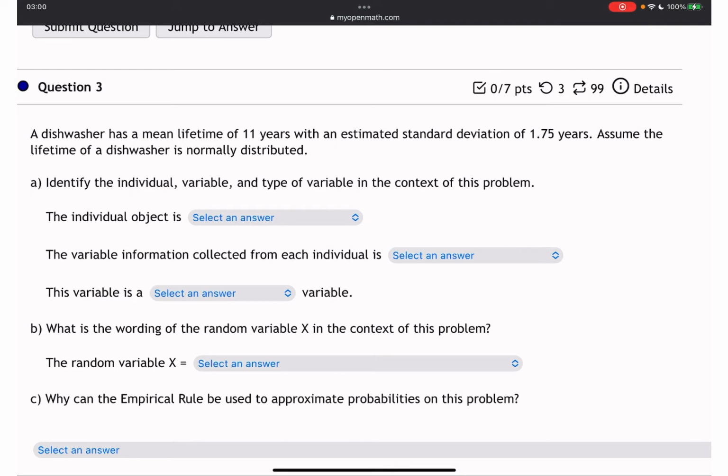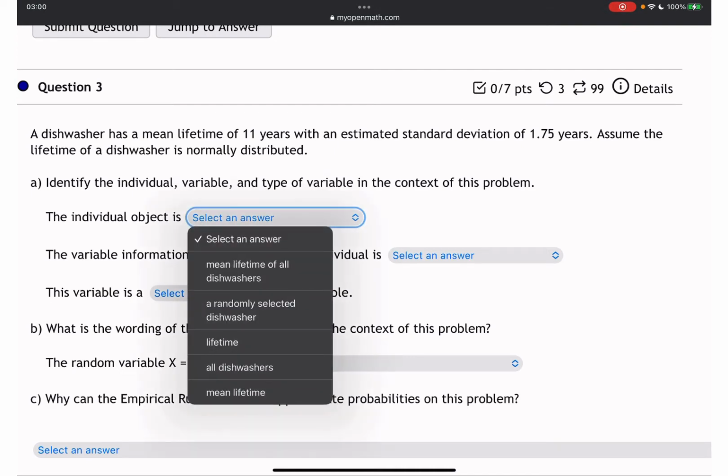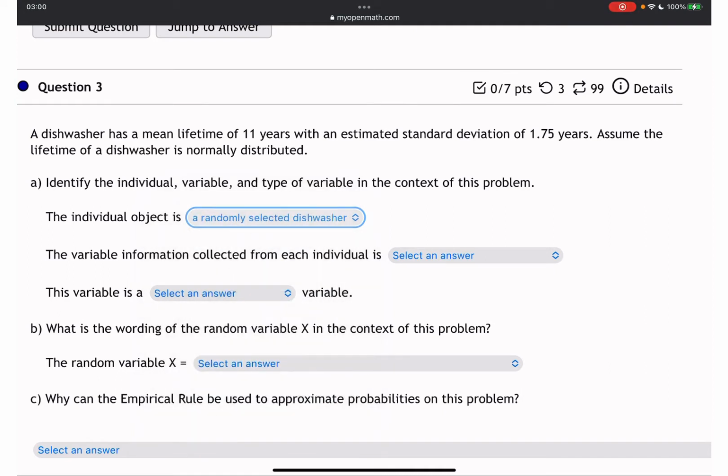So, question A. The individual object is, let's see what options we have. Randomly selected dishwasher, right? Because it doesn't say specifically which dishwashers. So it's randomly selected.